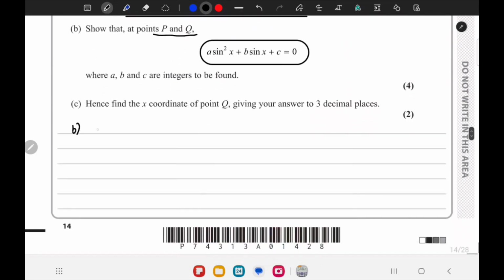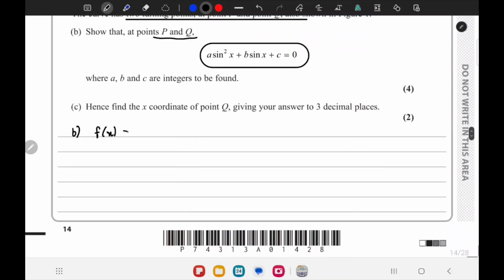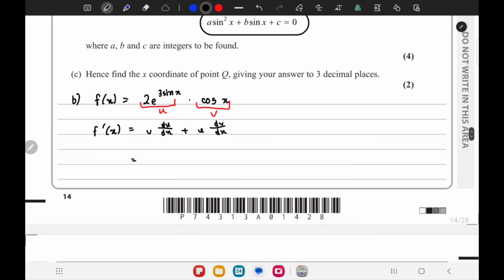So f of x is 2e to the power 3 sin x times cos x. We'll have to use the product rule, so we'll consider this as u and this as v. F prime x will be v du by dx plus u dv by dx. V is cos x.